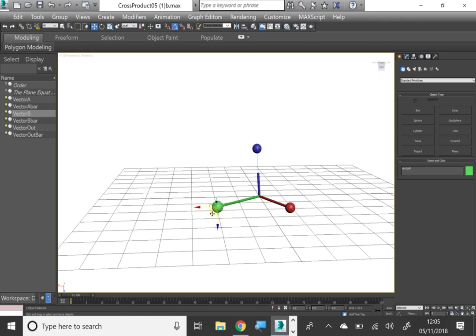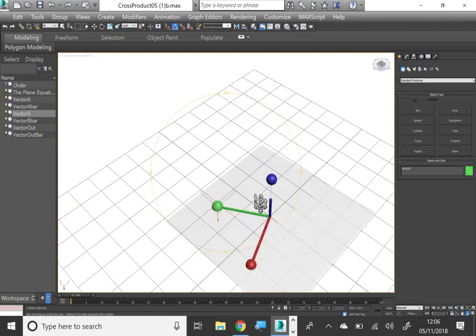So what is the point of that? We can multiply two vectors together, and we get a third vector that basically sticks up between them. What it does is it defines a plane.